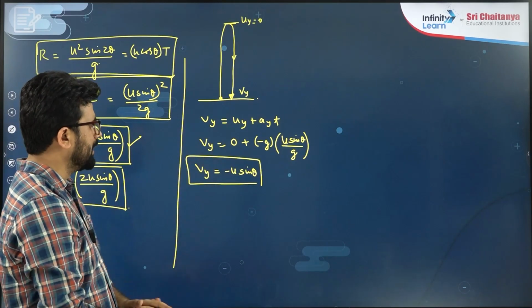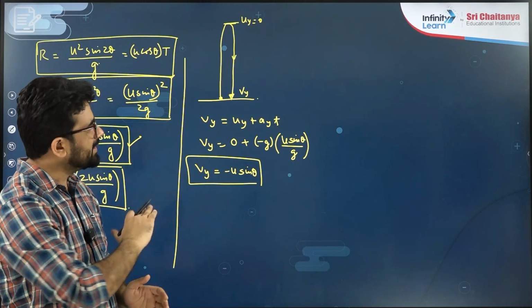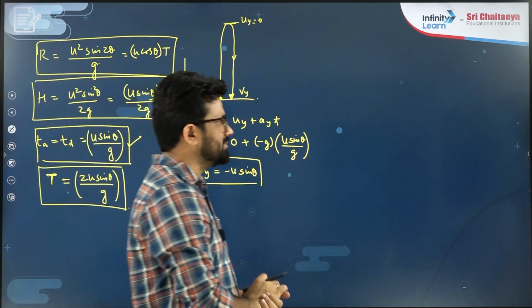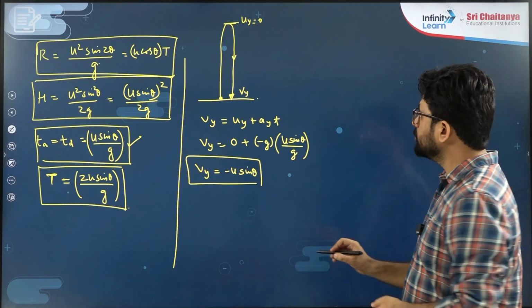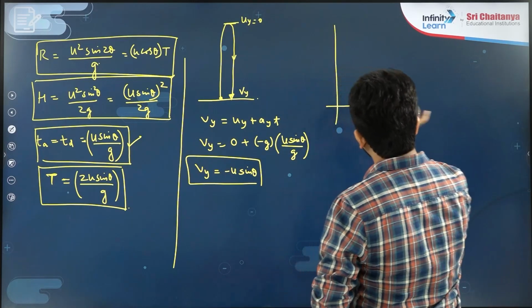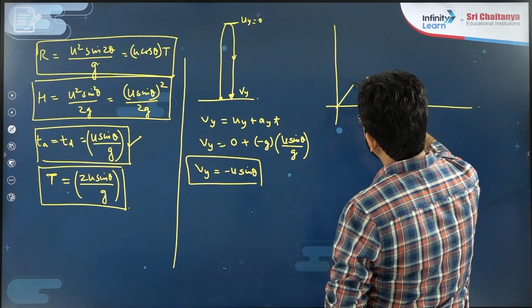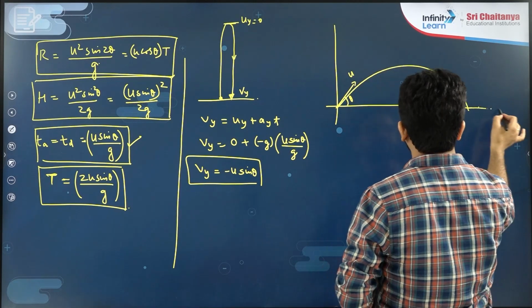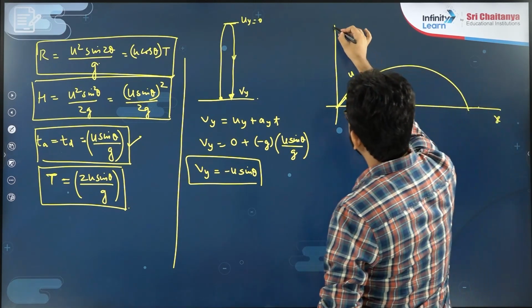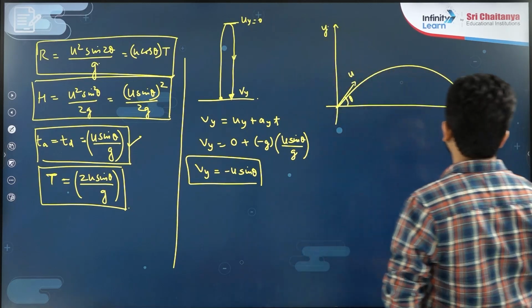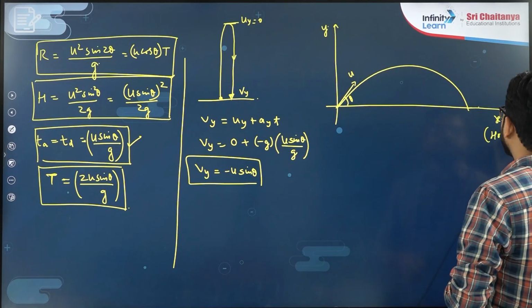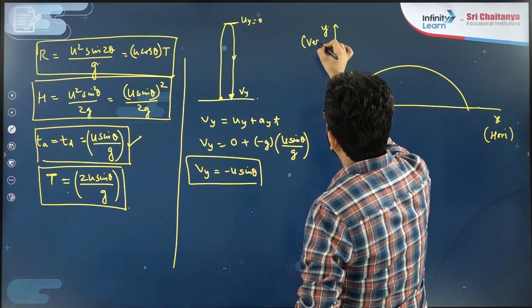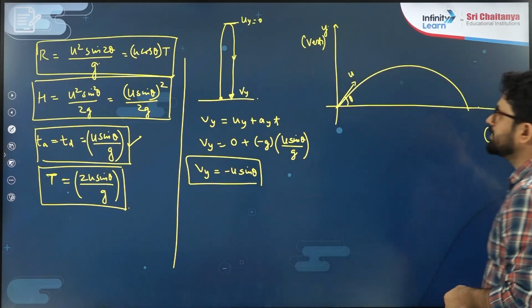We can understand this basic thing by our motion under gravity part also. Now understand one more thing. Suppose this was the projectile motion. In this projectile motion, this is the u, that angle is theta, the particle is going like this. It's the x-axis and this is the y-axis, or you can say horizontal and vertical.